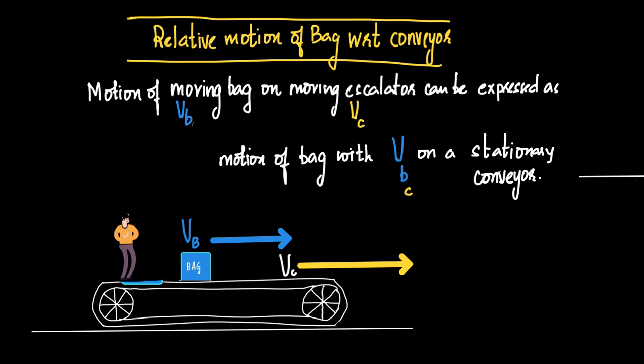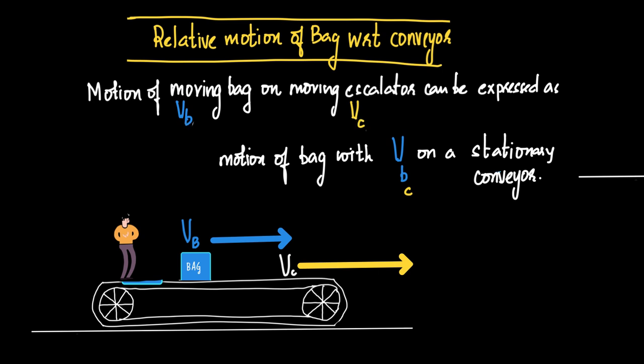Absolute velocity can be expressed as the motion of a bag with velocity of bag with respect to conveyor belt on a stationary conveyor. Now look at the changes here. We have two components, one which is velocity of bag and the other which is velocity of the conveyor belt.